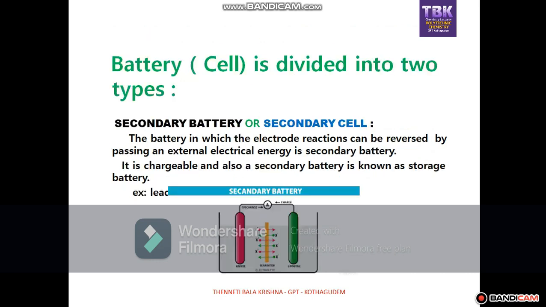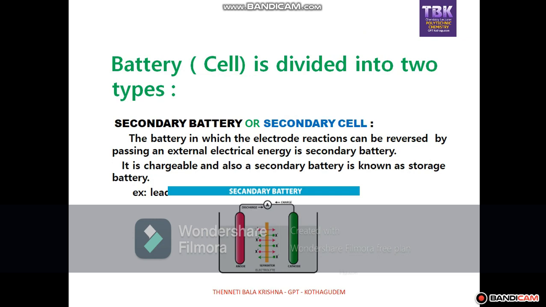Next one, secondary batteries or secondary cells. The battery in which the electrode reactions can be reversed by passing external electrical energy is called a secondary battery. The cell that acts as both an electrolytic cell and an electrochemical cell is called a secondary battery or secondary cell.